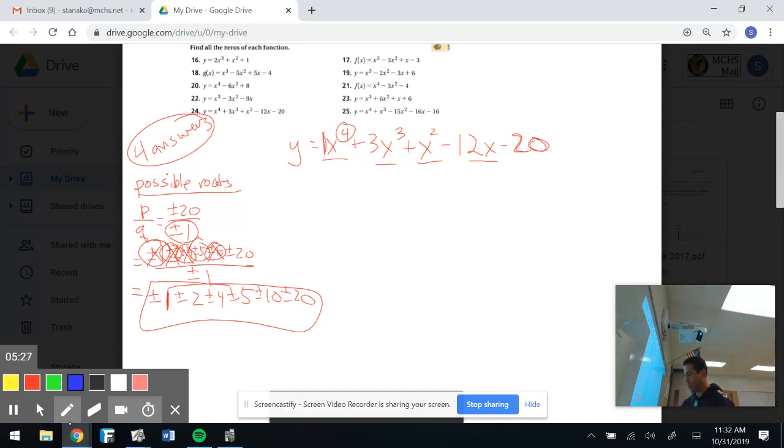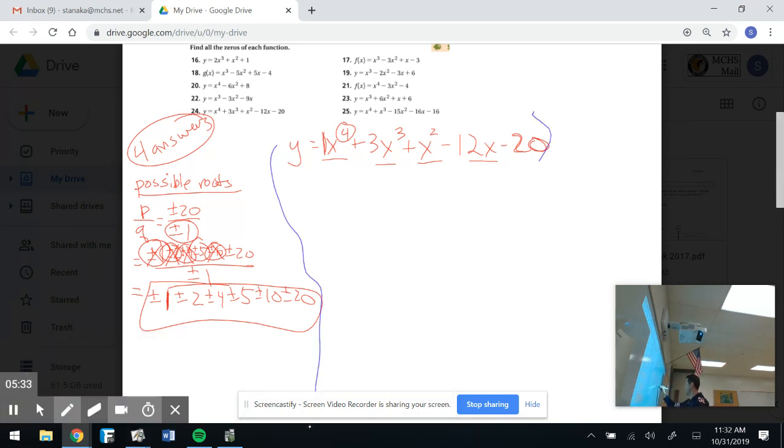So, okay, let's start here with blue. Because this is synthetic division, it's side work. So the brunt of my work is going to be done in there, okay? My side work means I'm going to say, hey, 2 works, so let's use 2. And then remember, when we do synthetic, we put the coefficients: 1, 3, 1, -12 and -20.